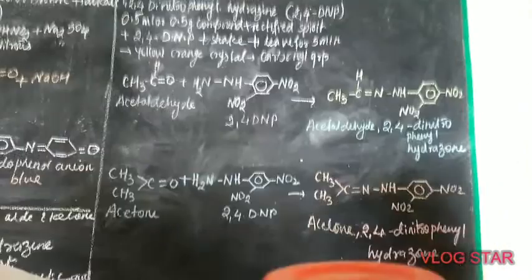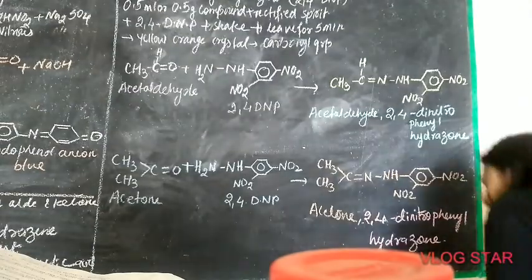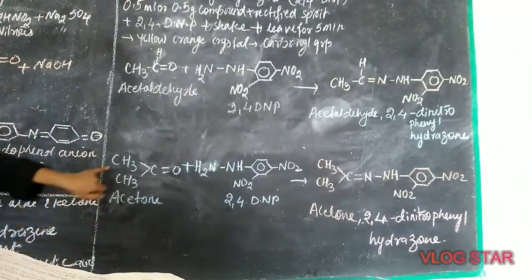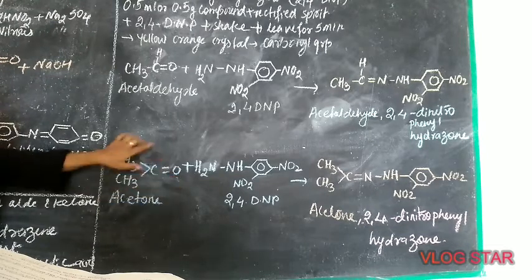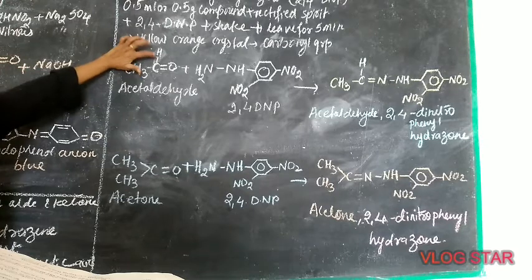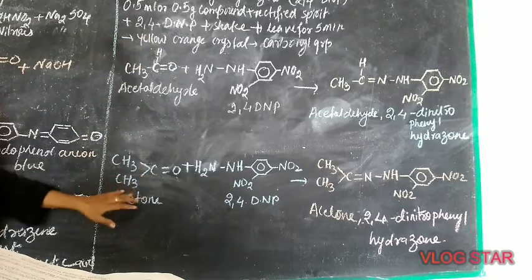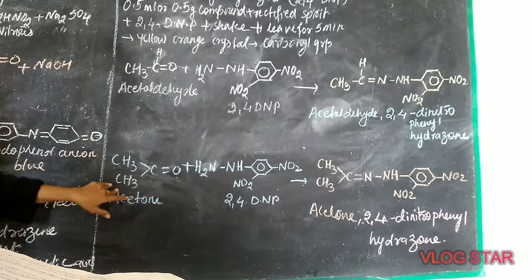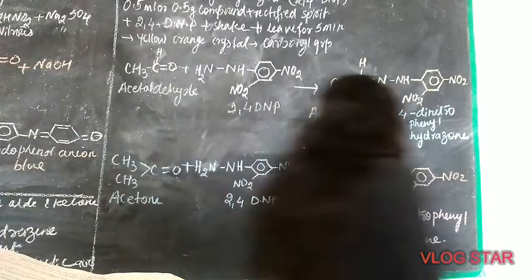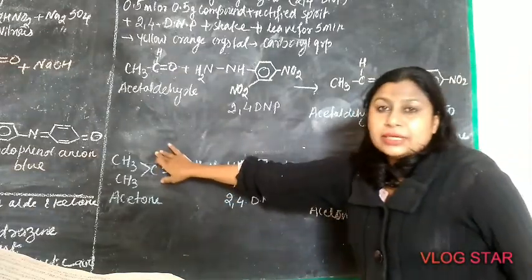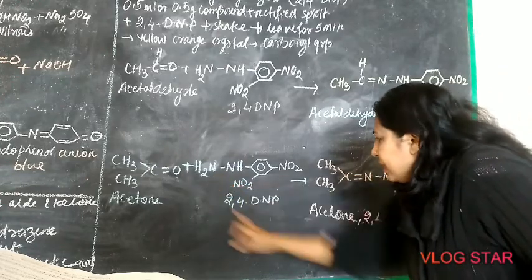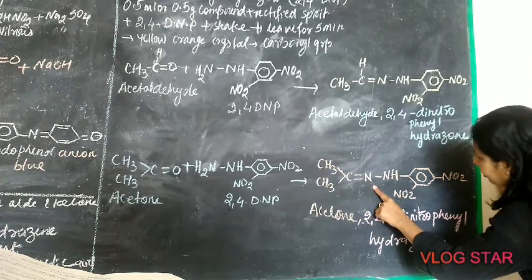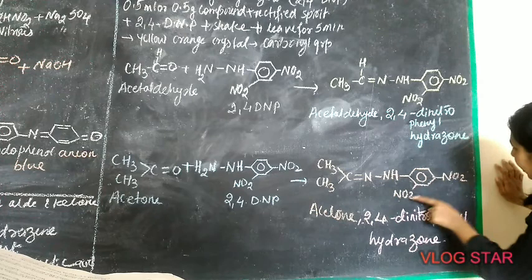Now, if the compound is a ketone, here it is acetone we had taken, CH3 double bond O. The difference between aldehyde and ketone, you know well children, is that with an aldehyde at least one H is there, and here in a ketone both the valencies of the carbonyl carbon are satisfied with alkyl groups. Plus 2,4-DNP gives CH3 double bond N, NH, the aromatic ring, NO2, NO2.